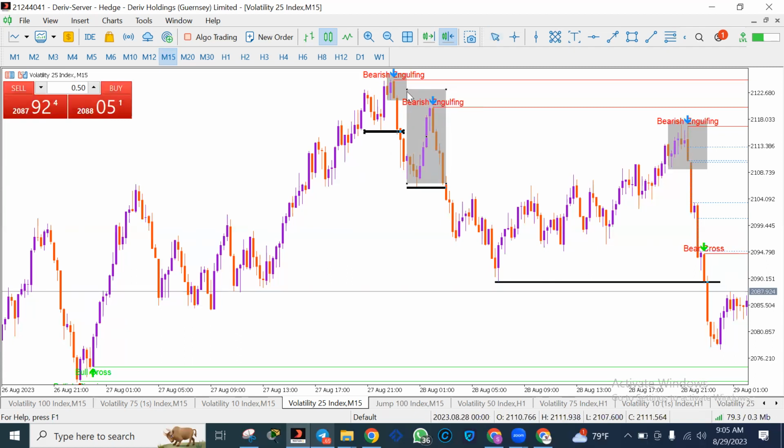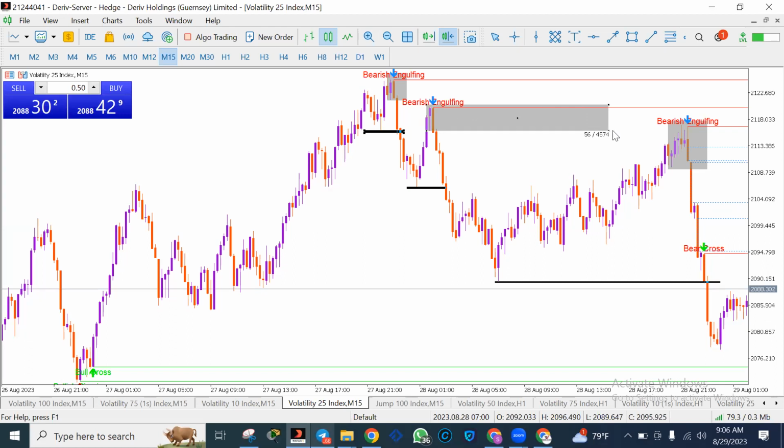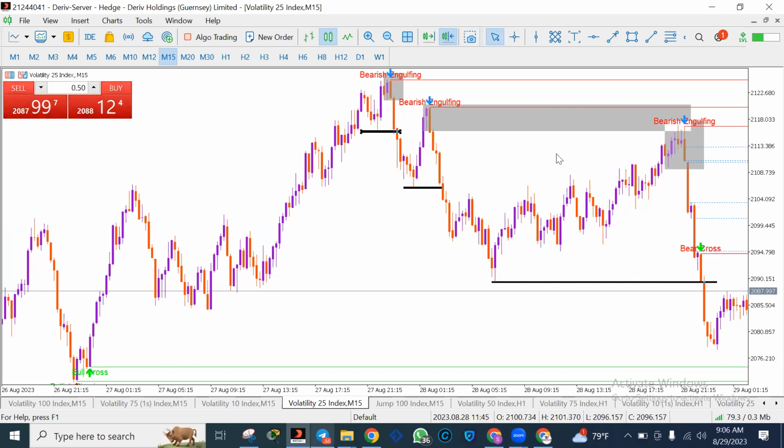And then for this particular one, we mark this, okay? This is the bearish engulfing with the order block, and of course extend. The reason we are reducing the box is because we want to get a smaller stop loss and a larger profit target. Okay, does that make sense? Yes, it does. We want to get a smaller stop loss and of course a large profit target.